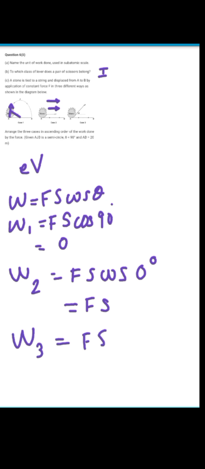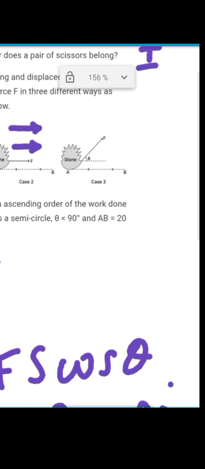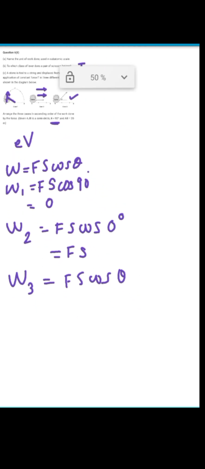again Fs cos theta. Now what is the angle? It has not been given, but it has also been said that theta is less than 90 degree. So if theta is less than 90 degree, if you remember the standard angle values of cos, you know the value of cos is a decreasing function. That means the initial value of cos, that is cos 0, will be 1, and when it goes towards 90 degree, it will slowly decrease.